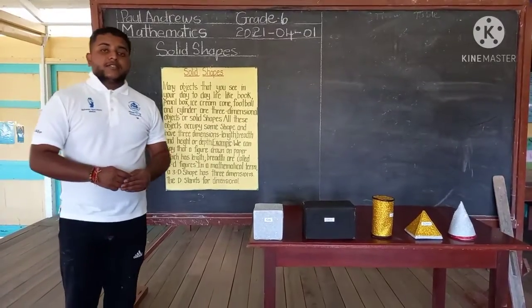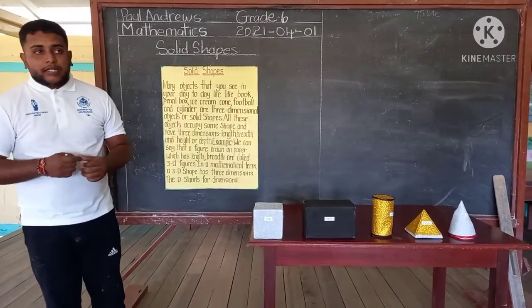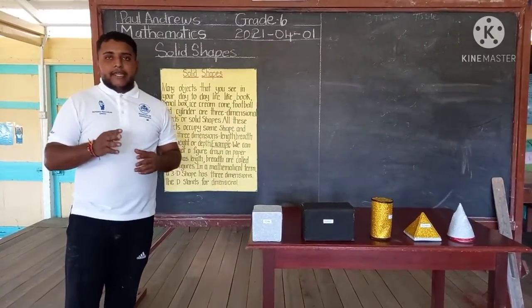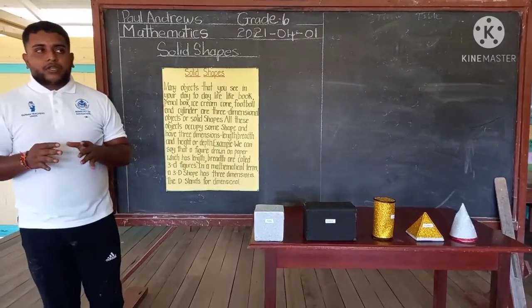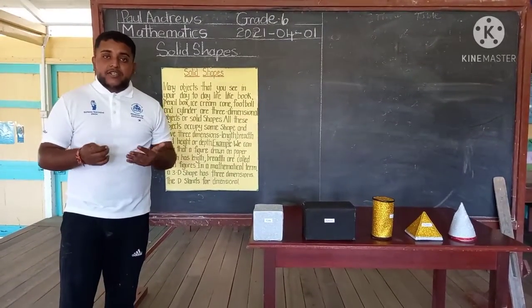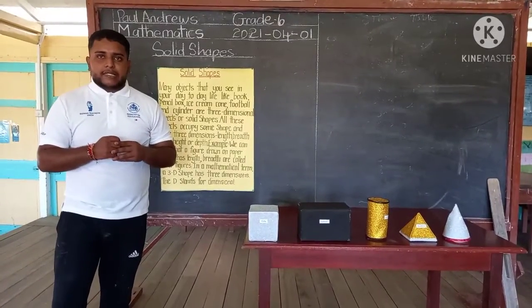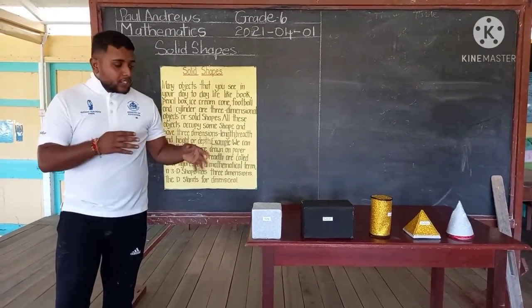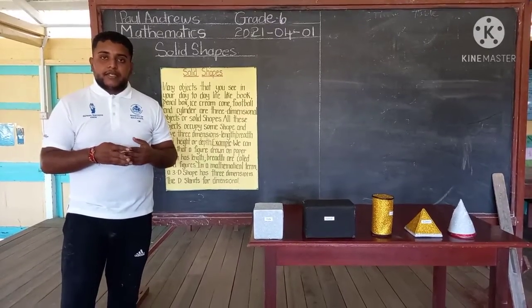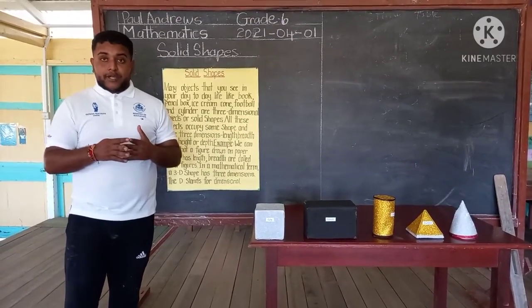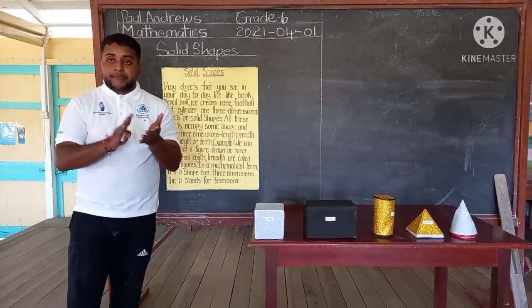Okay. So, yes, Paul, name me one inside the classroom. The board eraser. Yes, very good, Paul. Now, what solid shape do you think the board eraser represents, Paul? Yes, the cuboid. Very good. Give Paul a clap.